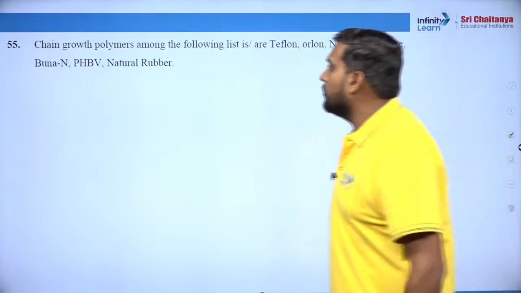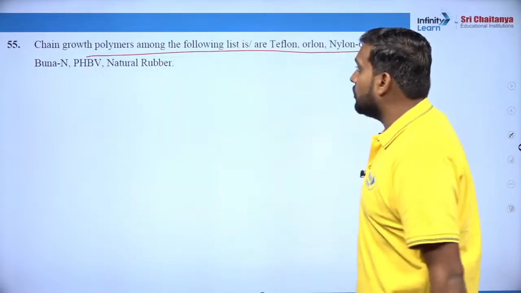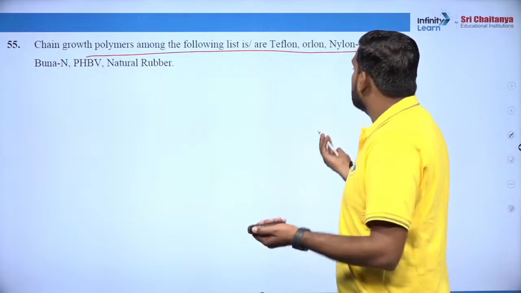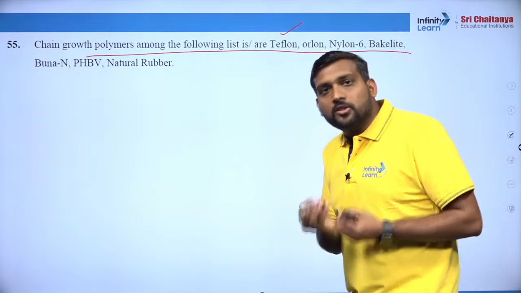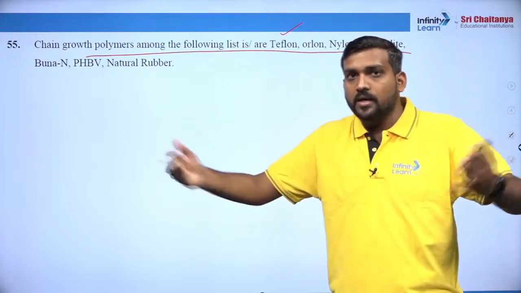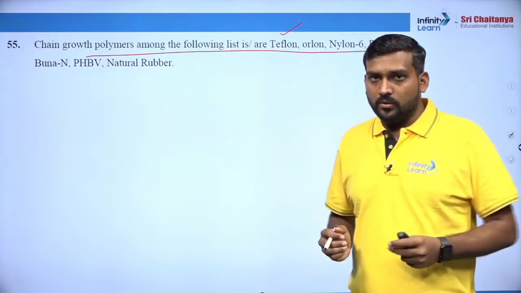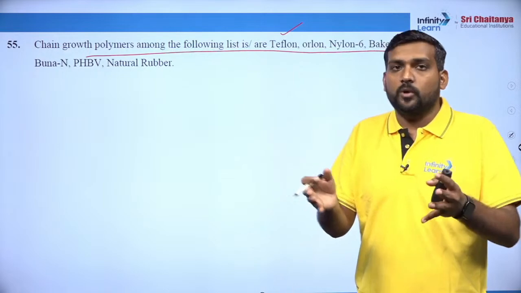This is a factual question. Chain growth polymers among the following list is. Talking about chain growth, let's choose it. Teflon, yes, it's a chain growth. Chain growth polymers are those where the pi bonds break down to form a whole chain and get attached to the other molecule. And those where the elimination of a molecule takes place are the condensation polymers.